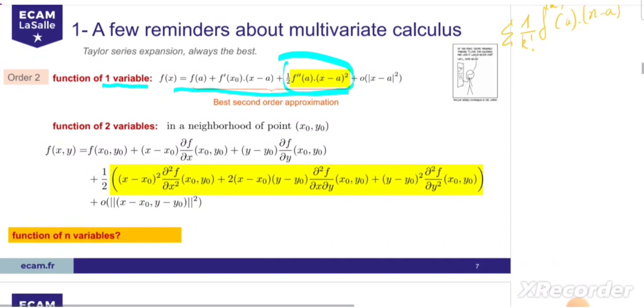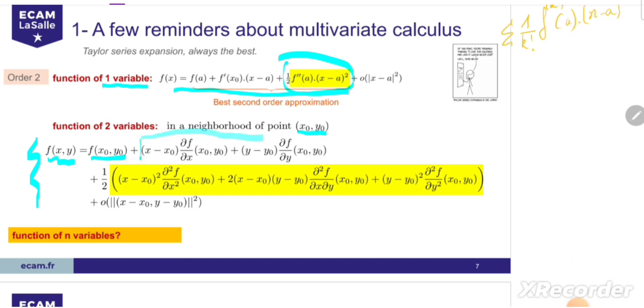Of course, we're going to have something for functions of several variables. So for 2 variables, we saw that also previously. So it's written in a neighborhood of some point x0, y0. So f of x, y, that's going to be the best approximation f of x0, y0. Next term is the first order approximation term that we saw previously.